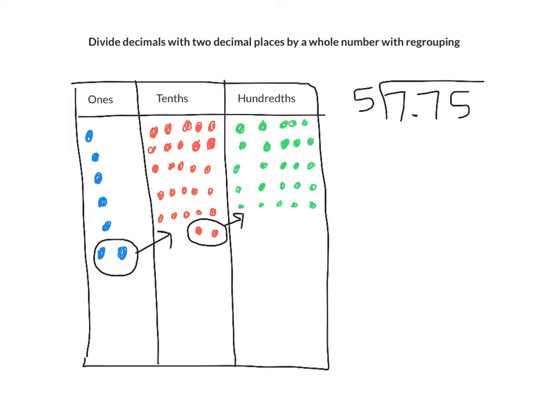When we regroup our 2/10 into our hundredths place, we are adding 20 hundredths to the 5 hundredths that are already there, which means that we have 25 hundredths. We're going to split those hundredths into 5 equal groups, which means that 5 hundredths would fit into each of our 5 groups. So now we can total up how many ones, tenths, and hundredths there are in each of our 5 groups.